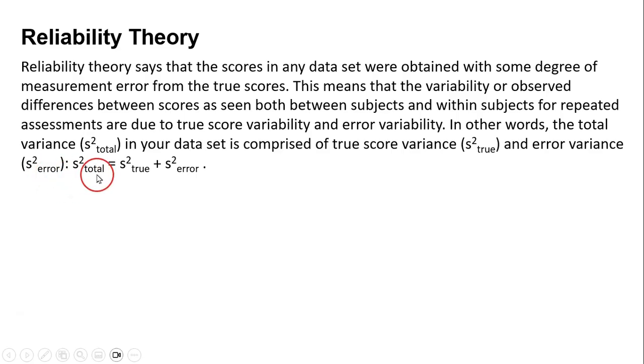And so there's the way that can be seen. The total variance is equal to the true variance plus the error variance. And so you can see here that this total variability can be divided up or partitioned, if you will, into these two components.